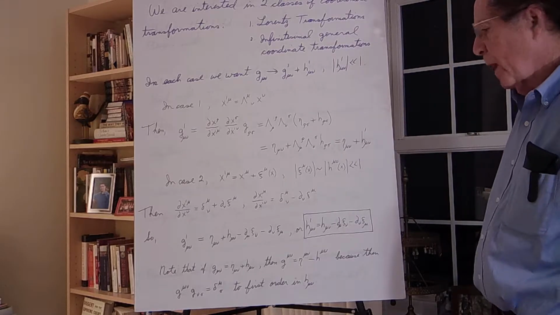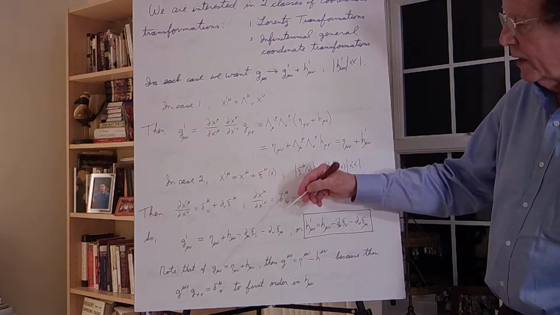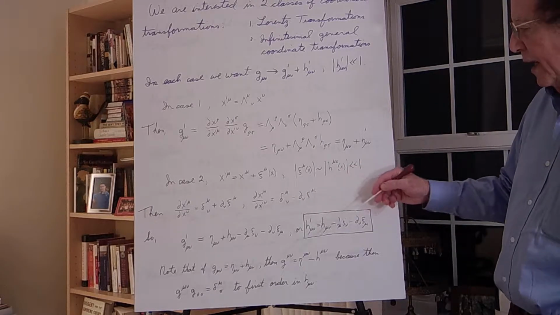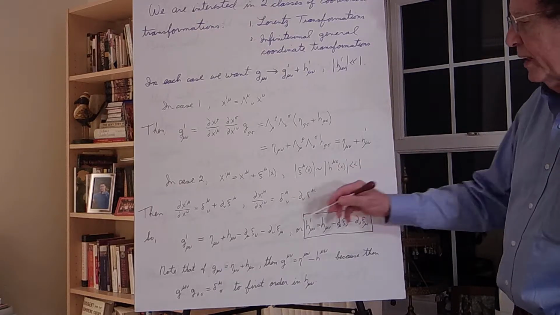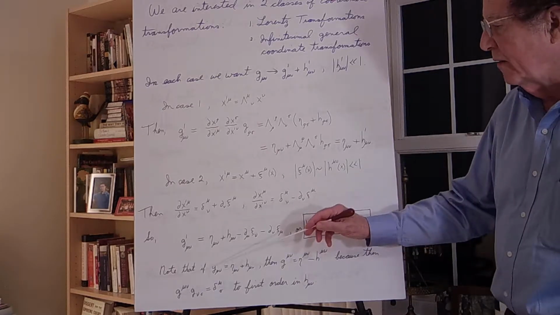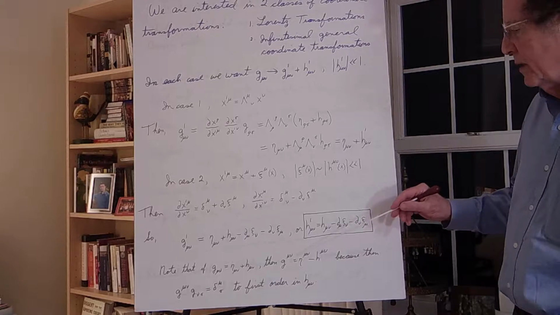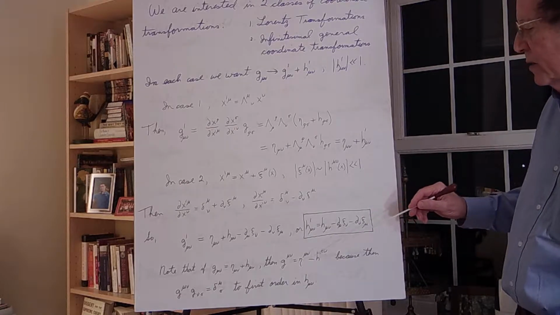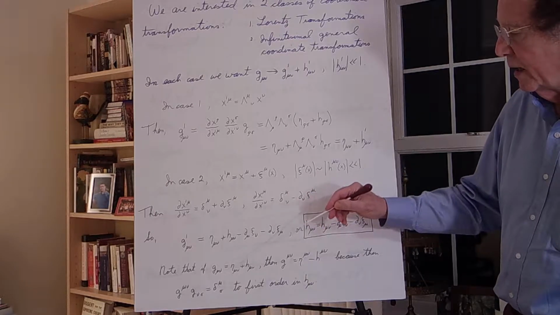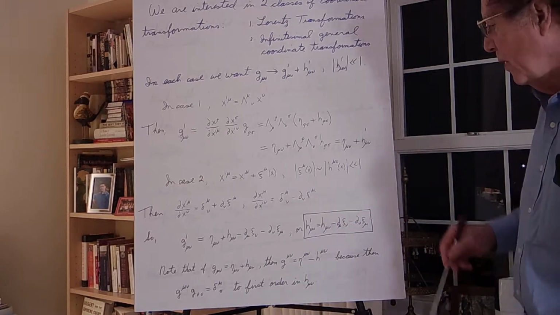of motion. A technicality here is I note that g is equal to eta plus h, in which h is small, and so, for example, g with the upper indices has to be the inverse of g with the lower indices. And I see that that's eta with the upper indices minus h with the upper indices, where g is eta plus h with the lower indices.